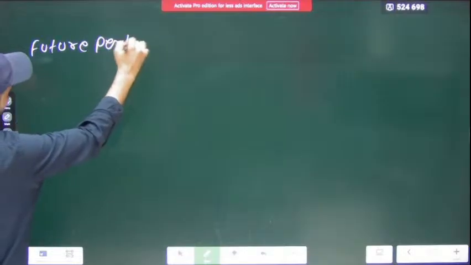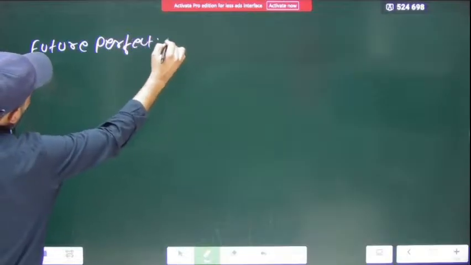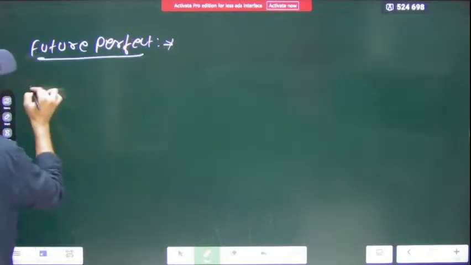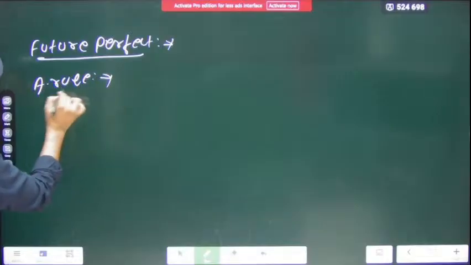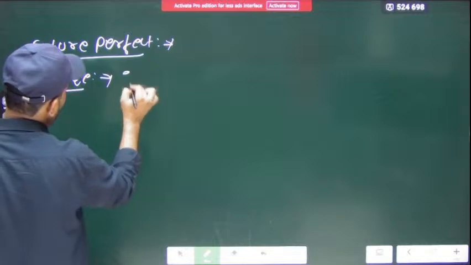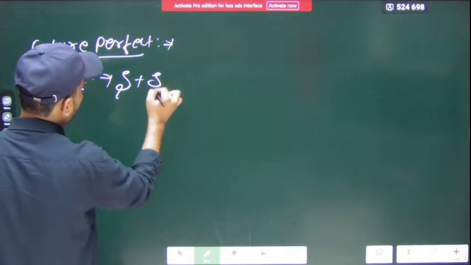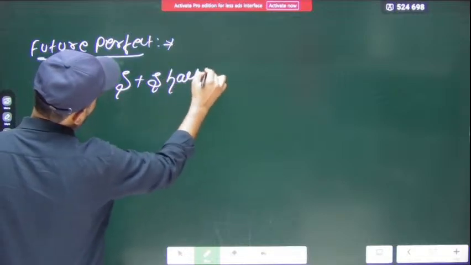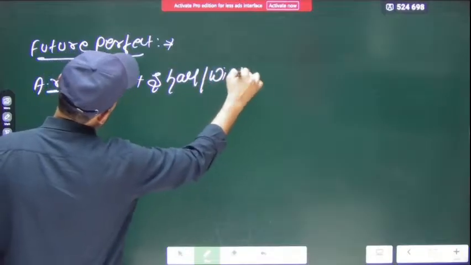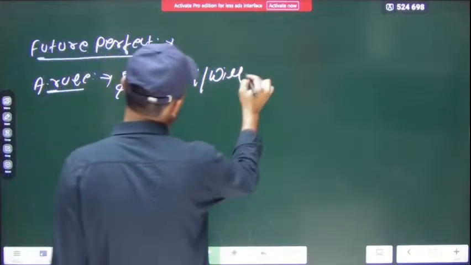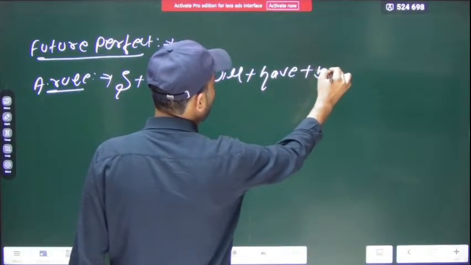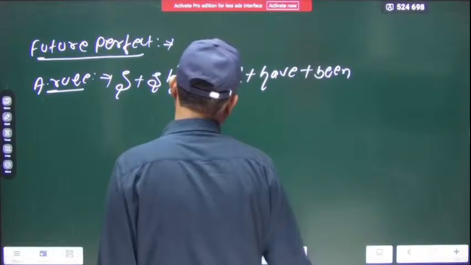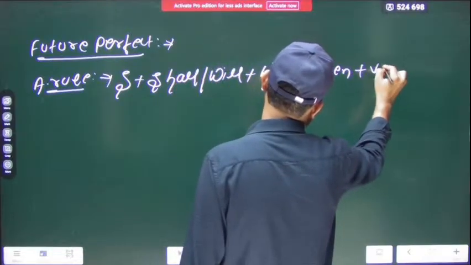Future perfect. What is the rule of future perfect? Affirmative rule: subject plus shall or will plus have plus been plus verb 3 plus object.